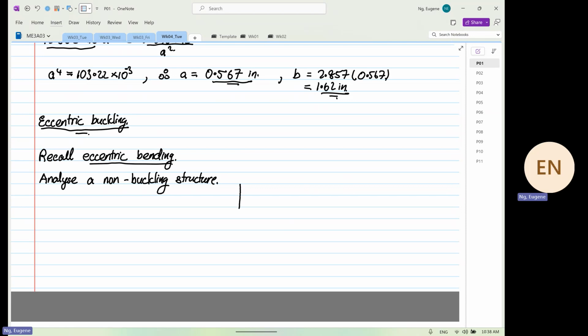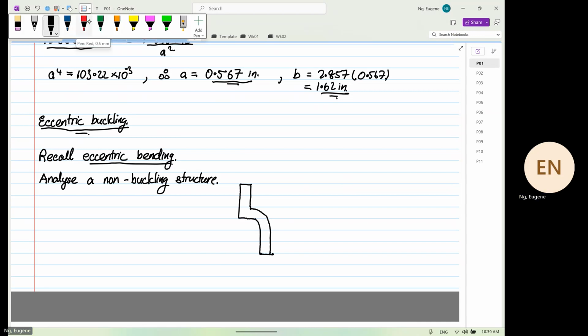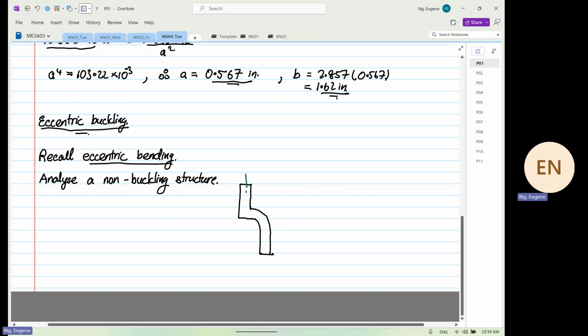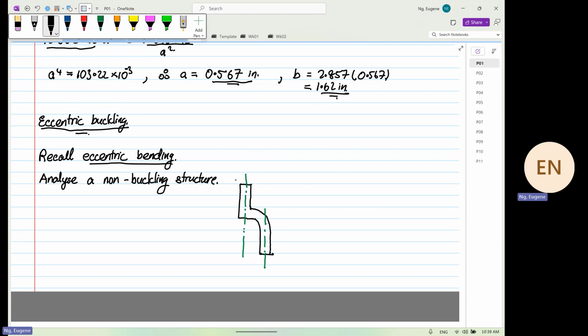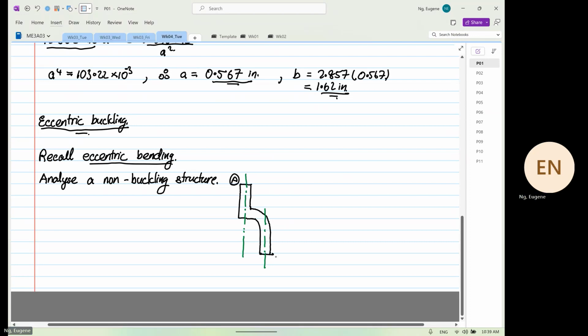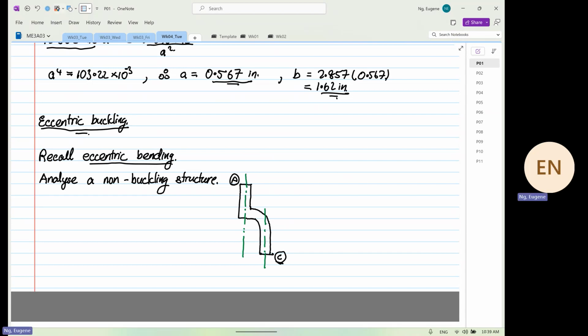So if we have a structure looking like this, I think if I draw this, you guys will be very familiar. And over here, we have two lines. And I'm going to label point A and point C. So at point A, we have a loading down here.